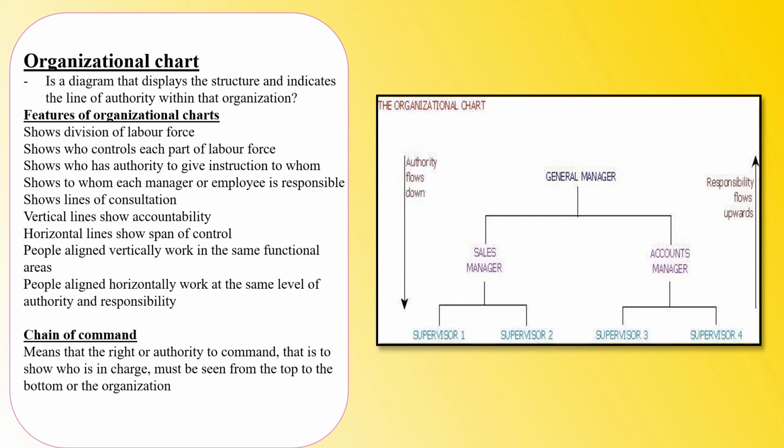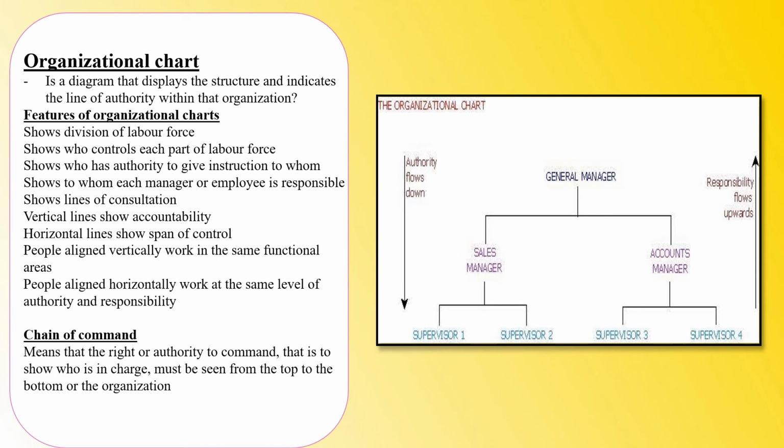Now there are features of organizational charts, which show the division of labor force, who controls each part of the labor force, who has authority to give instruction to whom, and for what each manager or employee is responsible.